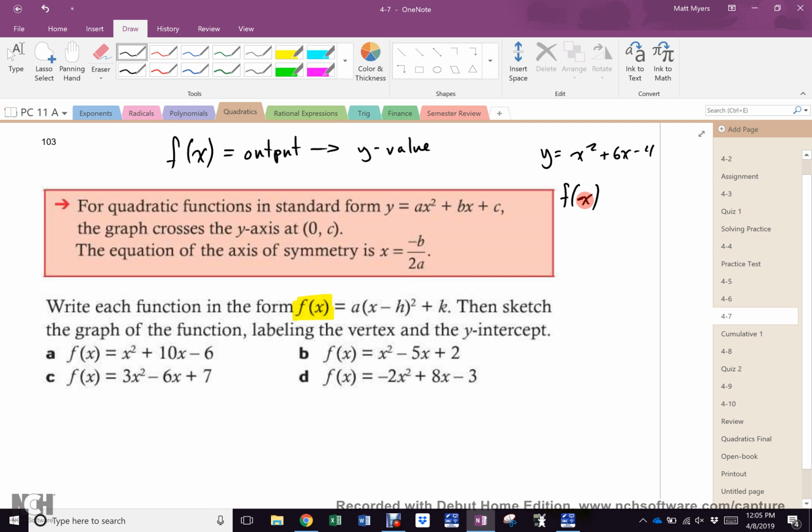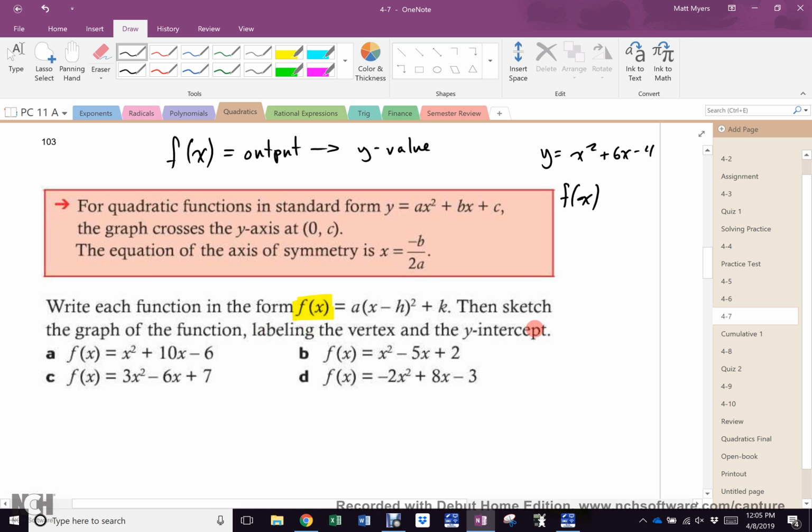So will this change any of our planning, any of our work? No. Now I have told you I want you to sketch the graph. If I have to sketch the graph, then quadratic formula is not my best friend, is it? So which is why I have reminded you, you should put it in vertex form.